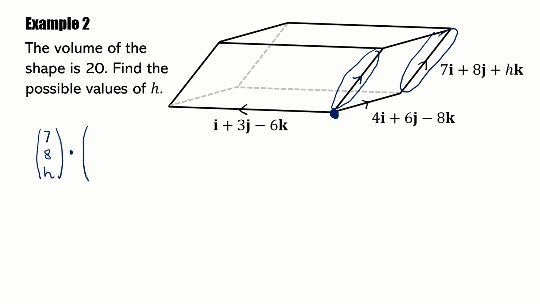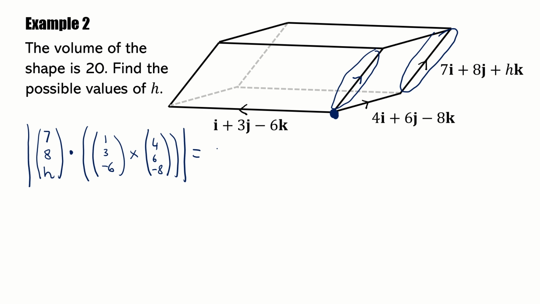And then therefore make the ones that have numbers be the 2 that you do the cross product with. So I'm going to do the (1, 3, -6) cross product with the (4, 6, -8). And of course, we know that needs to be modulus, if that's a verb. I've just made it one if it's not. And therefore, that's equal to 20. So this is basically the equation that we need to solve in order to find h.